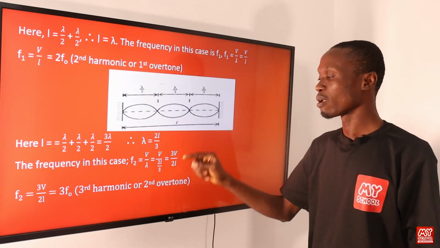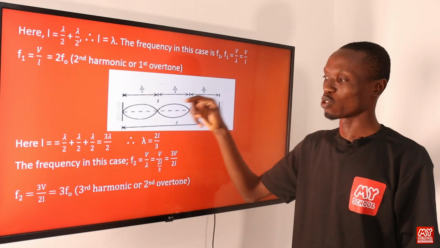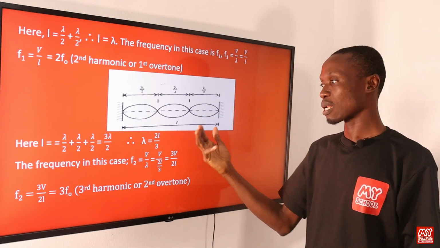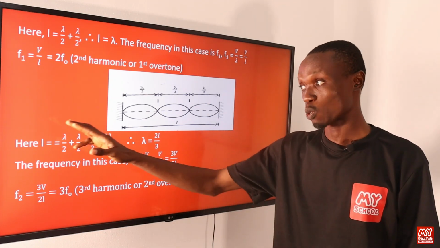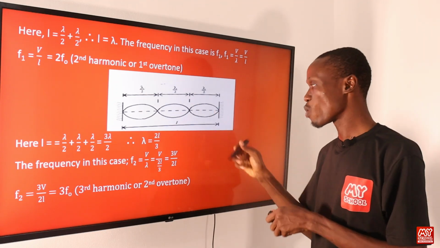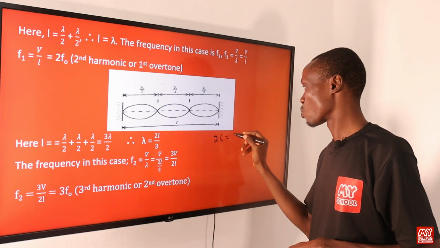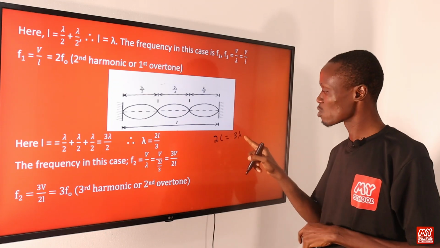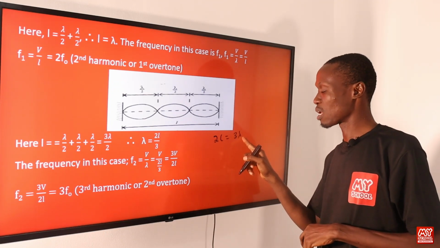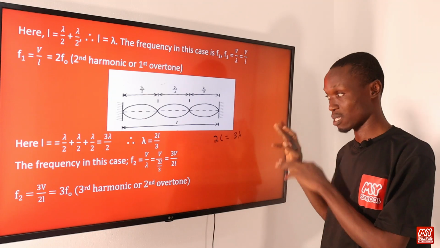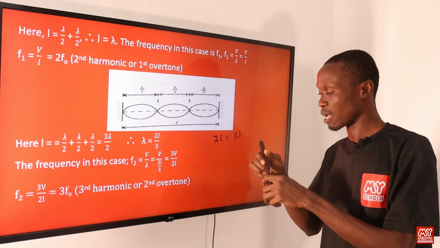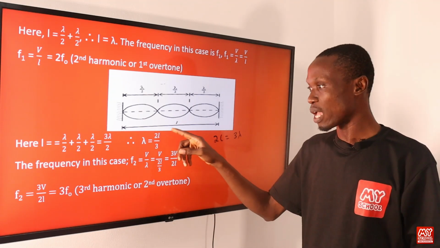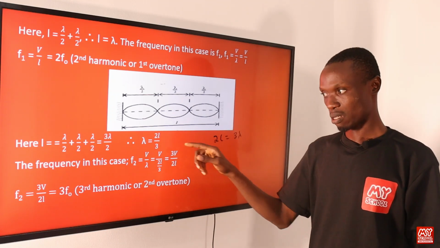Now we make lambda the subject of formula. By cross multiplying, we have 2L equals 3 lambda, and dividing both sides by 3, lambda is equal to 2L all over 3.